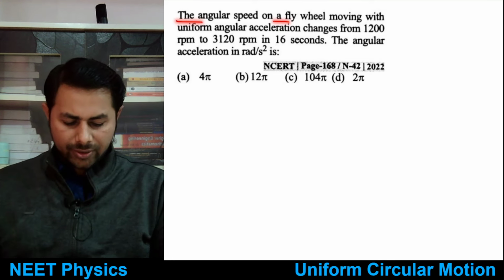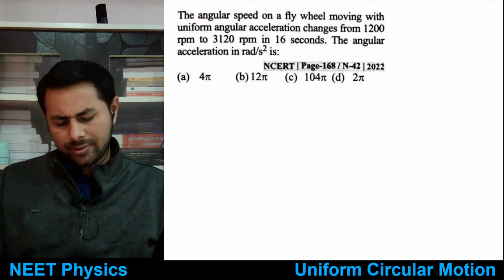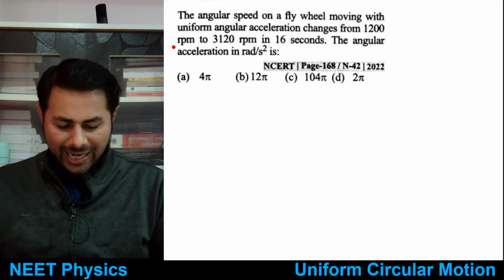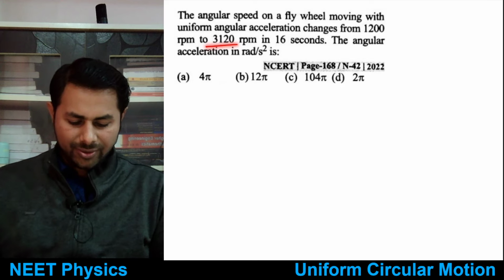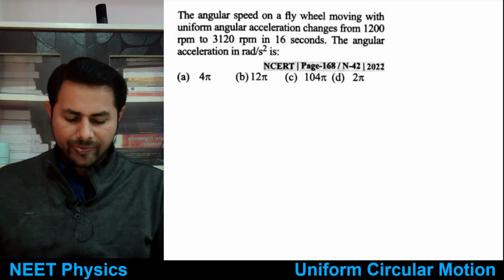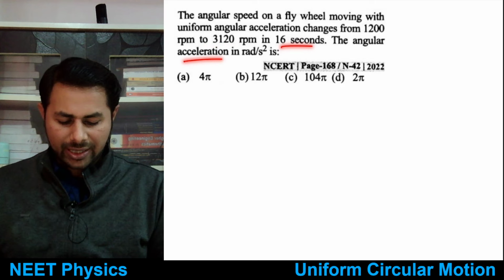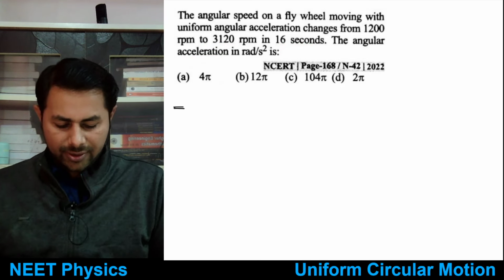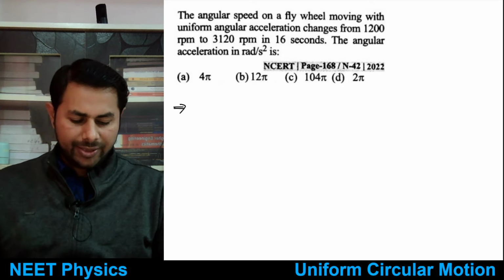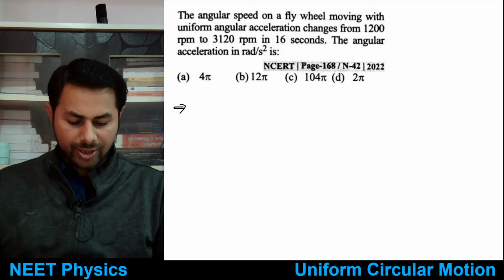The angular speed of a flywheel moving with uniform angular acceleration changes from 1200 rpm, rpm means revolutions per minute, to 3120 rpm in 16 seconds. The angular acceleration in radians per second square is. This is from NEET 2022, very simple question.